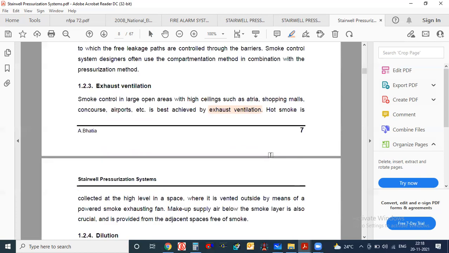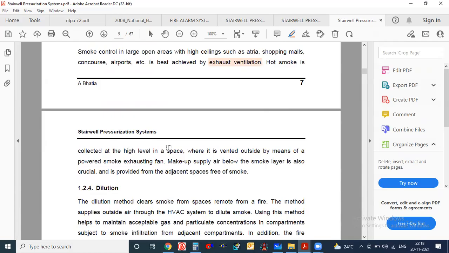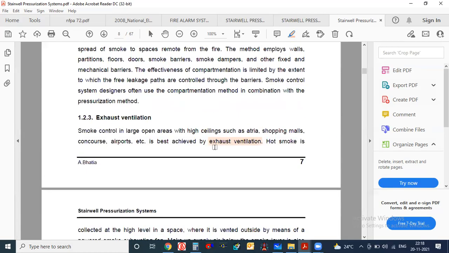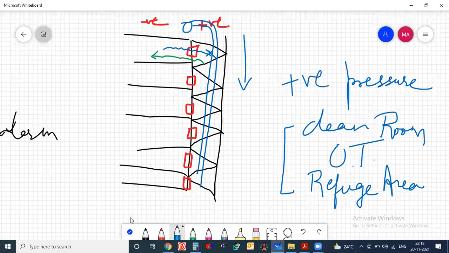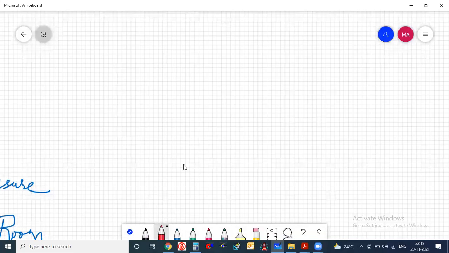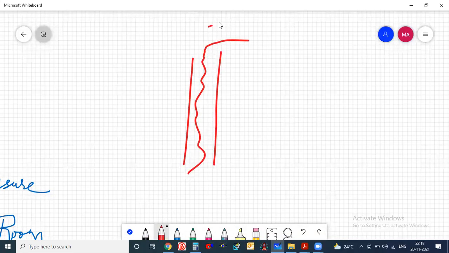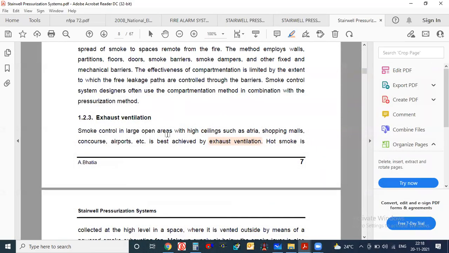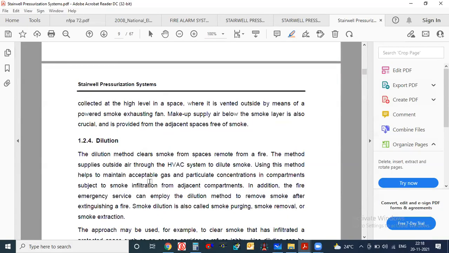Hot smoke is collected at the high level in a space where it is vented outside by means of a powered smoke exhausting fan. So maybe they will make one duct, and with this duct they will be extracting the exhaust air and venting it outside of the building. So this is also one of the methods given here.